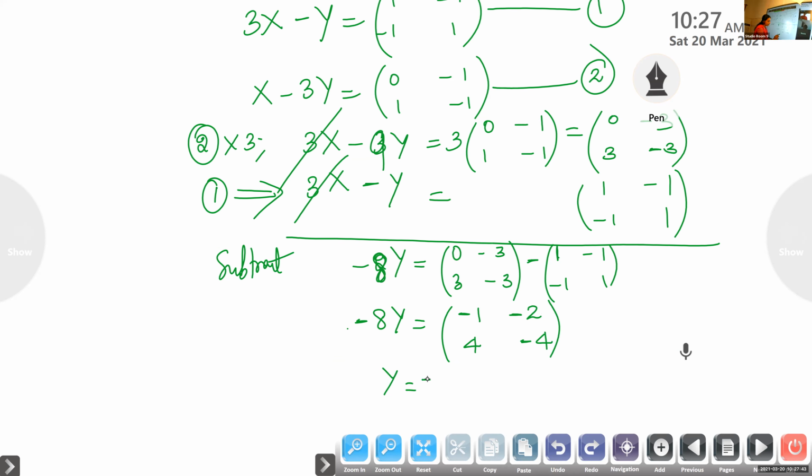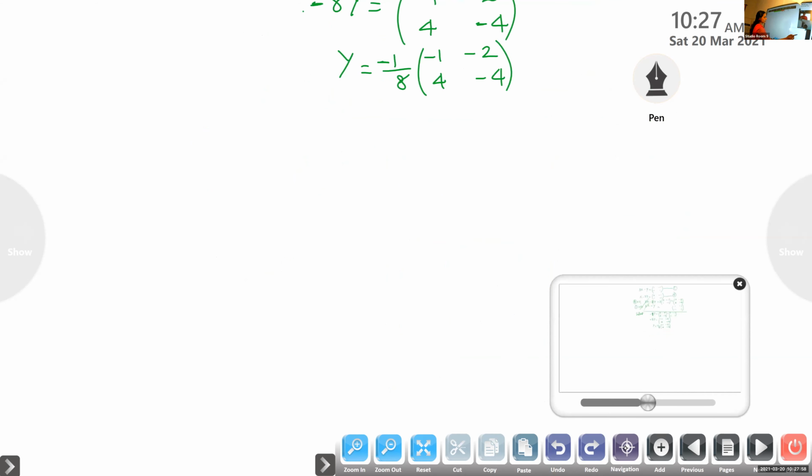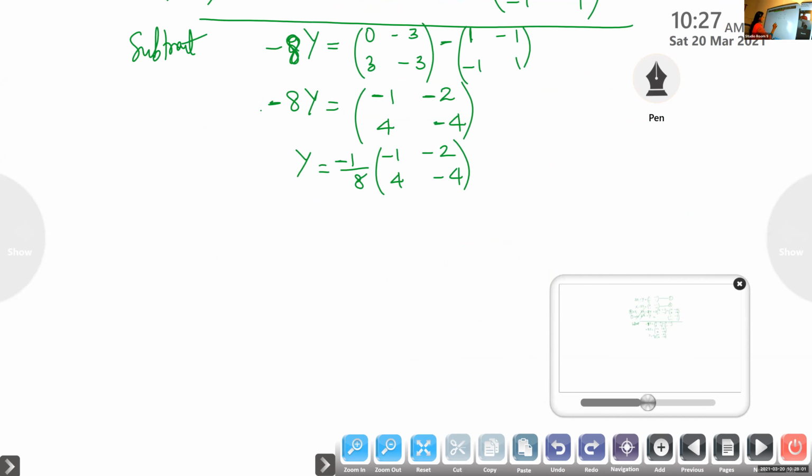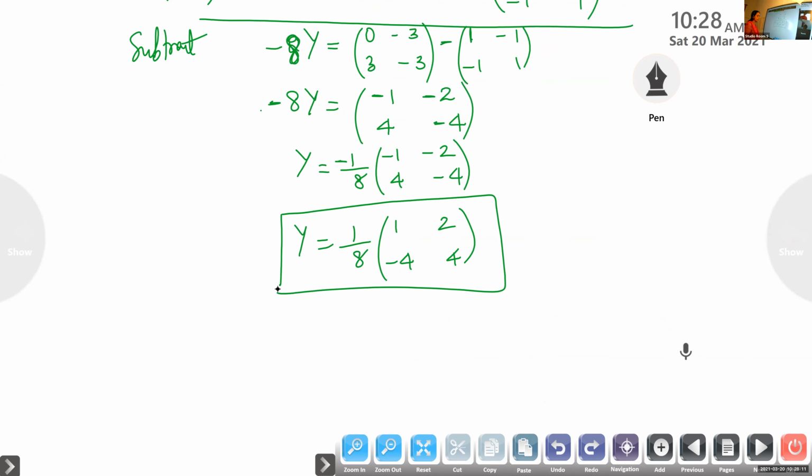Taking 1 by 8 to the other side, y is equal to 1 by 8 of 1, 2, minus 4, 4. This is the matrix y.